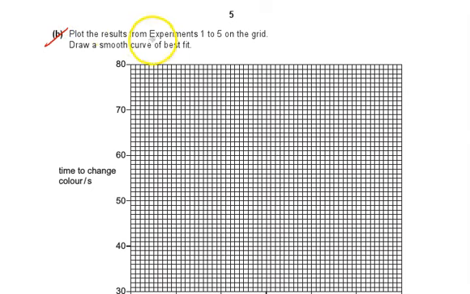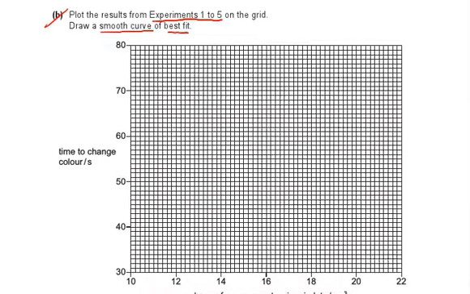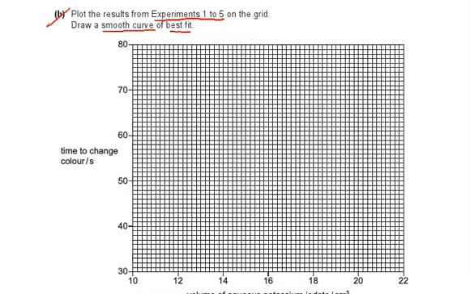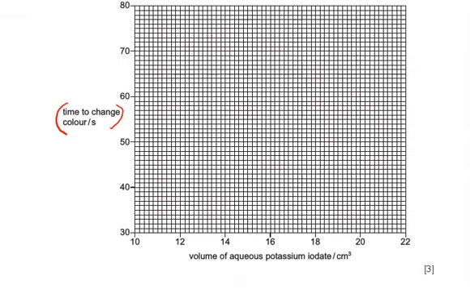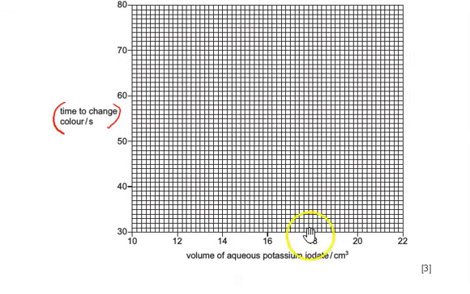Plot the results from experiment 1 to 5 on the grid. Draw a smooth curve of best fit. Here they are asking for the time to change the color, the timing, versus the volume of aqueous potassium iodide.